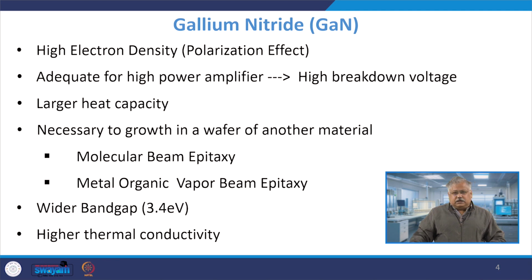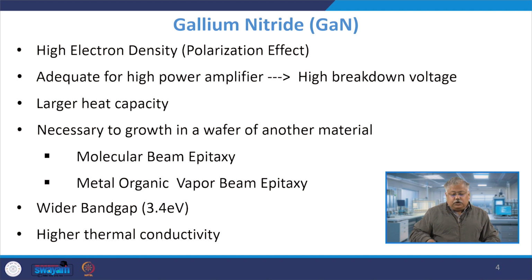So, please understand that you are confining a large number of electrons within a small region, and these electrons will therefore be repelling each other, and as a result they will have less scattering within themselves.